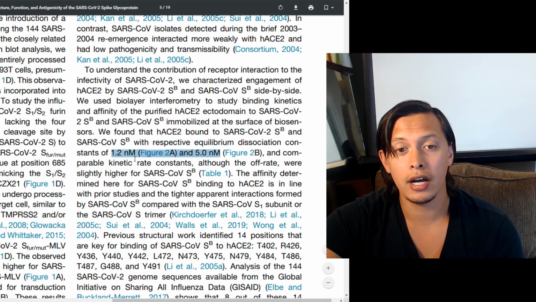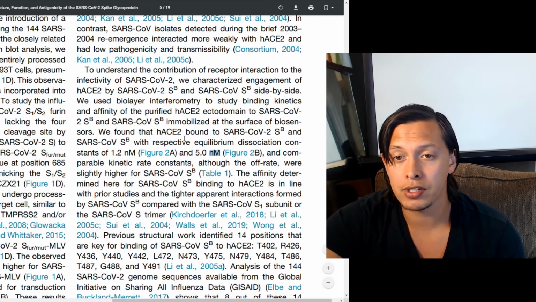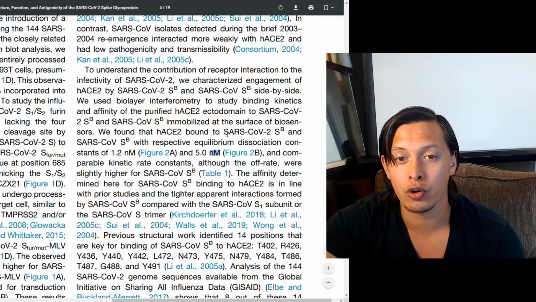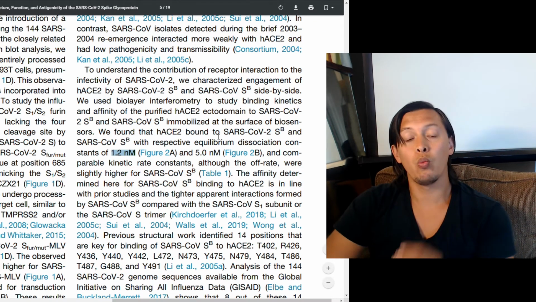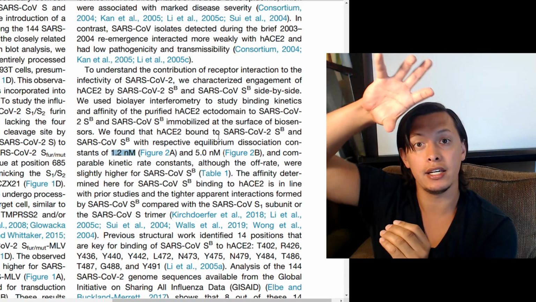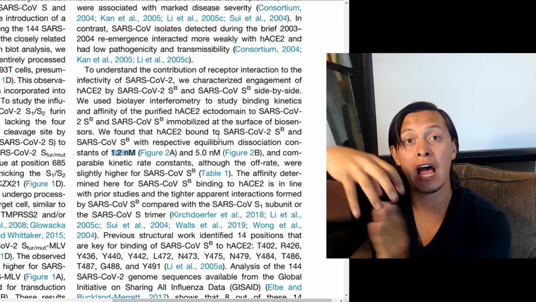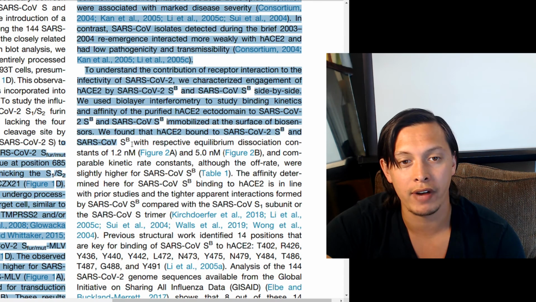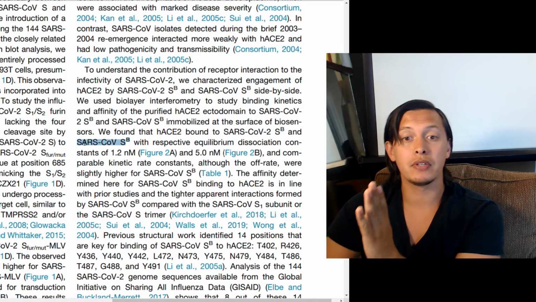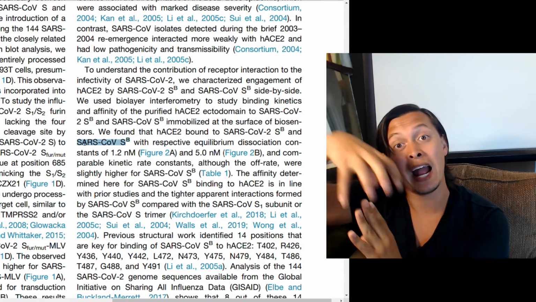So nanomolar, just know that that is a measurement of concentration. When it comes to the SARS coronavirus 2 spike binding domain, it needs 1.2 nanomolar of the ACE2 receptors floating around for half of your spikes to be covered. However, the original SARS coronavirus spike domain requires 5 nanomolar of ACE2 receptors floating around for half of them to be occupied.